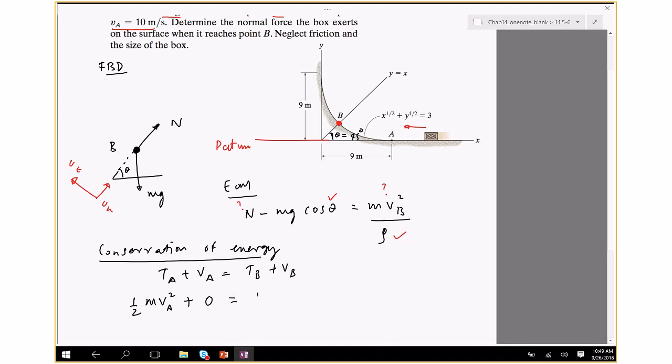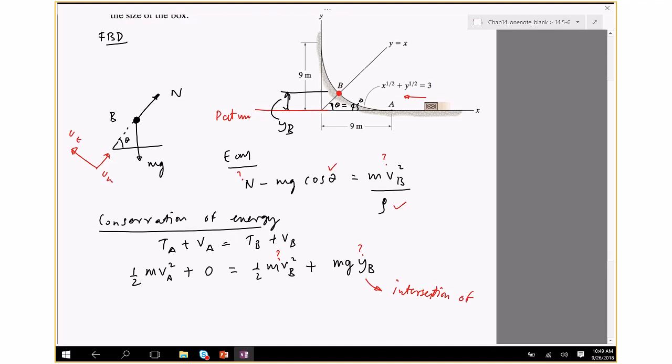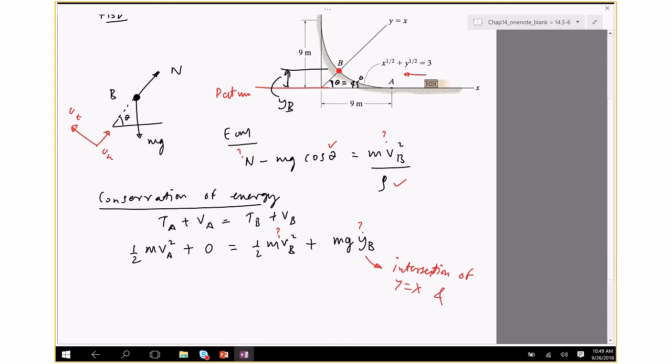The kinetic energy at B is half m vB squared plus potential, which is mass times gravity times the height yB. Since it's above the datum, it's going to be positive. So vB is unknown here. yB is also unknown, but you can find yB because it's the intersection of the curves y equals x and x raised to half plus y raised to half equals 3.